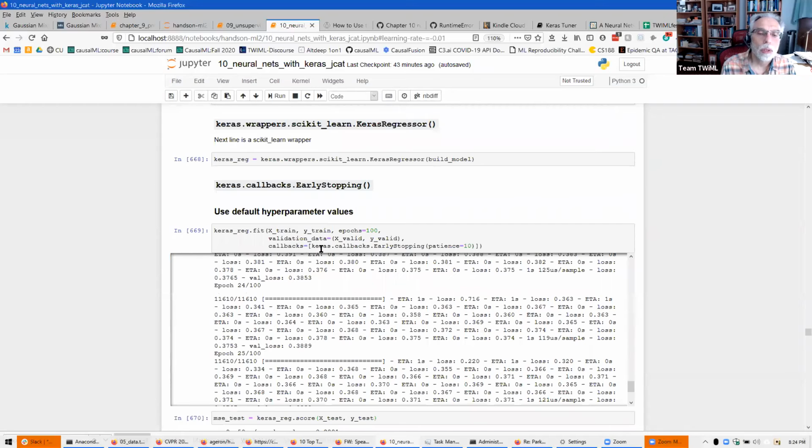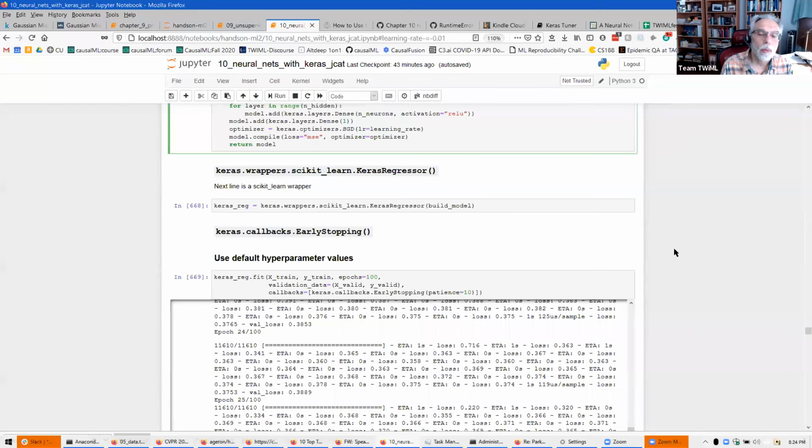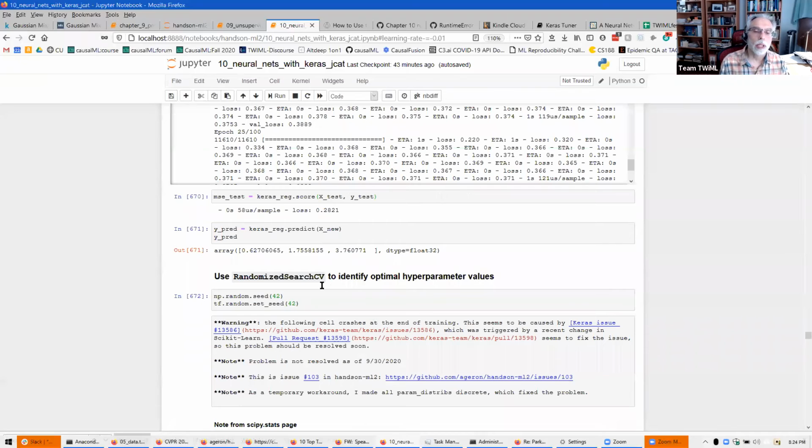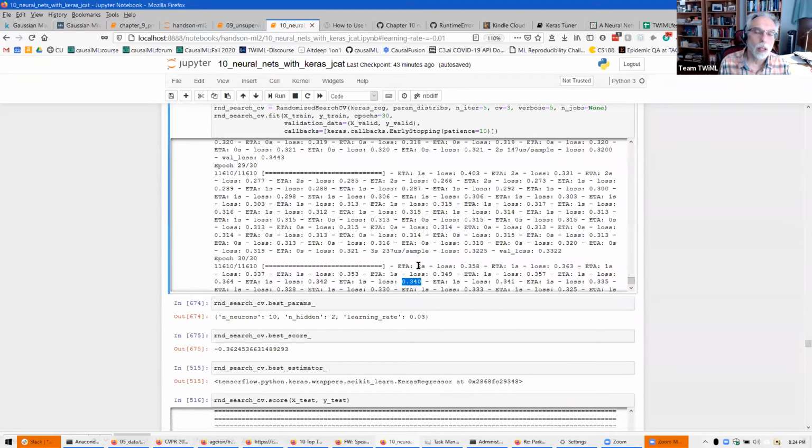No, I wasn't using MAPE. This is mean squared error. So far I didn't change it. So for this score, you have to take the square root of it to get the dollars. Again, that's about $60,000, the error.